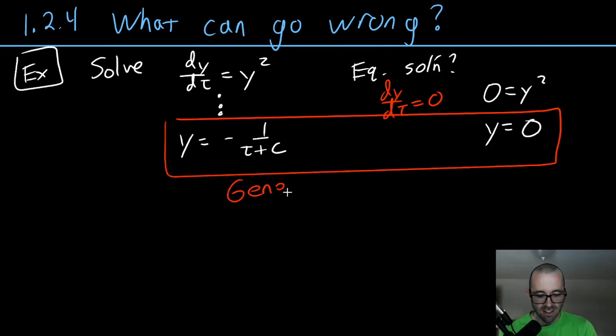This is the general solution. The general solution is both of these together. All right? So be very, very careful when looking at separable differential equations using this technique, is this technique can miss solutions.